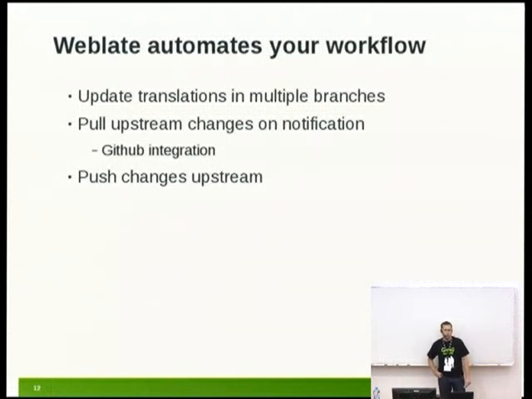And it can even automatically push changes upstream if you allow it and have configured the Git repository so that Weblate can push to it. You will get the changes upstream automatically, and you don't need to care about that.